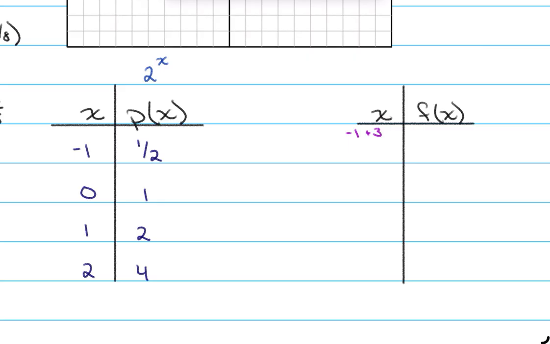I'm taking each one of these x values right here. I'm going to do 1 plus 3, and I'm going to do 2 plus 3. Okay, so that's going to be 2, 3, 4, and 5.